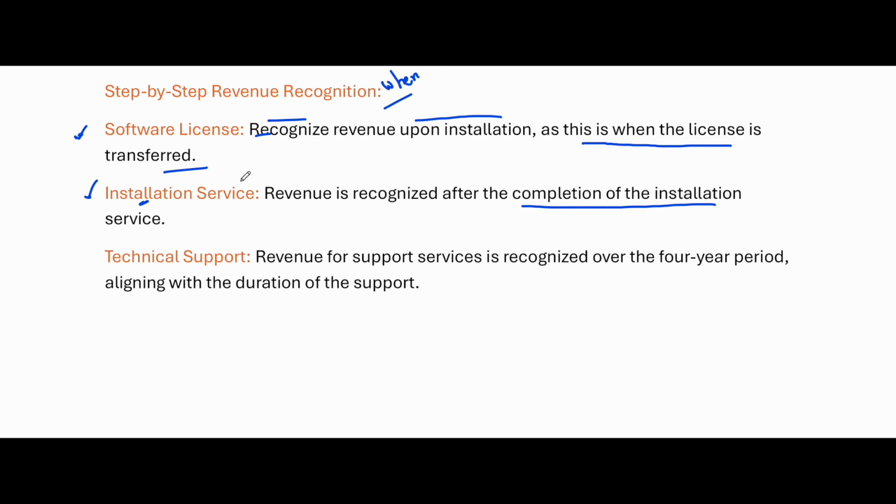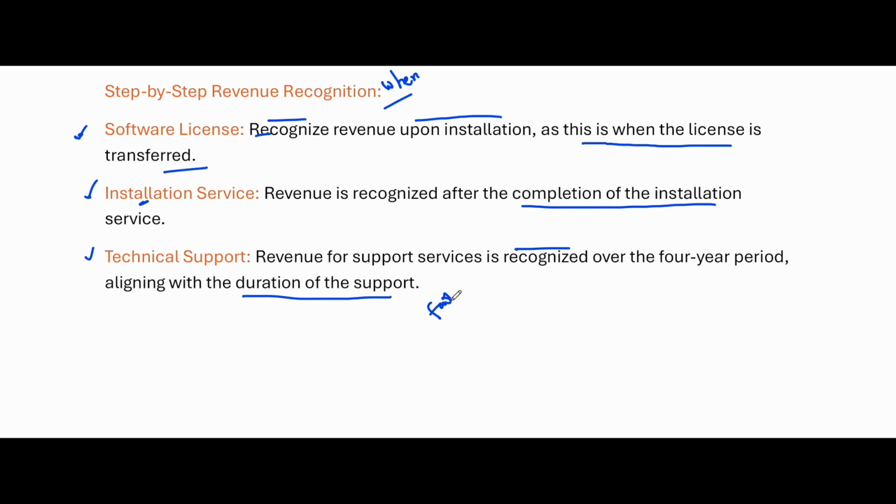And the second one, revenue for the support services is recognized over 4 years, aligning with the duration of the support, because you provided the support, then you recognize the revenue.